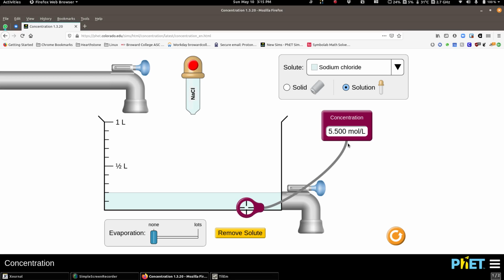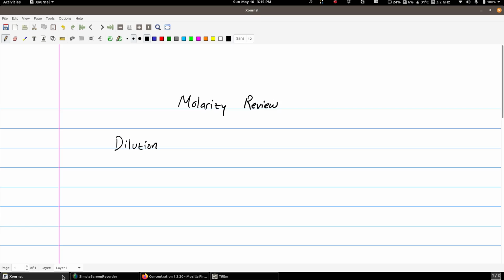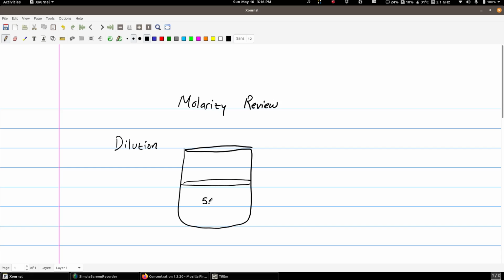Anyways, right now our concentration is 5.5 moles per liter. So we have a beaker, and inside this beaker we have 5.5 moles for every 1 liter.